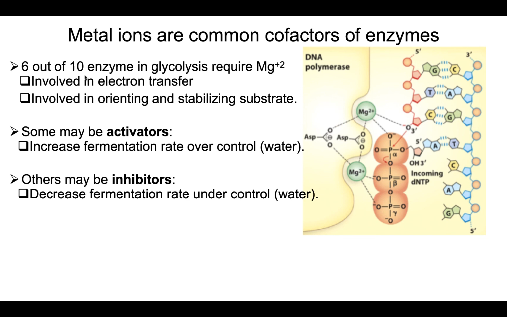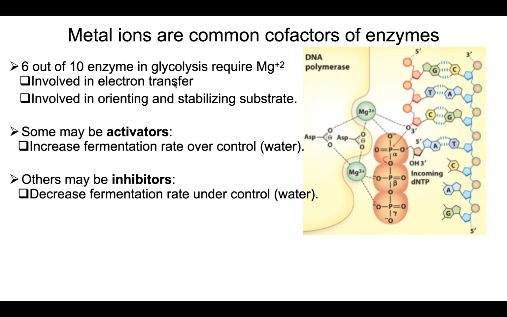In fact, 6 out of 10 enzymes in glycolysis require magnesium ions. This isn't an enzyme of glycolysis, it's DNA polymerase, but you can see very nicely here how it uses 2 magnesium ions to stabilize the negative charges of the incoming nucleotide and orient that nucleotide in the correct way. And that's exactly what these metal ions do for enzymes.